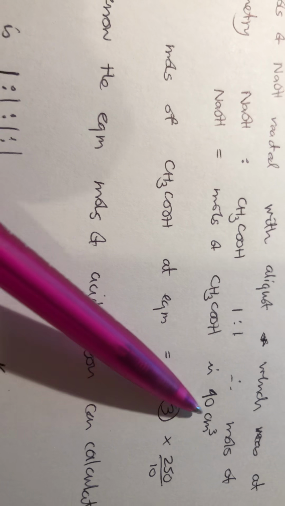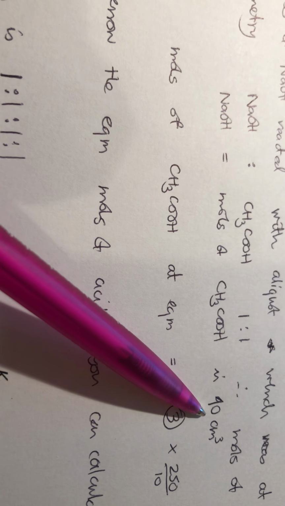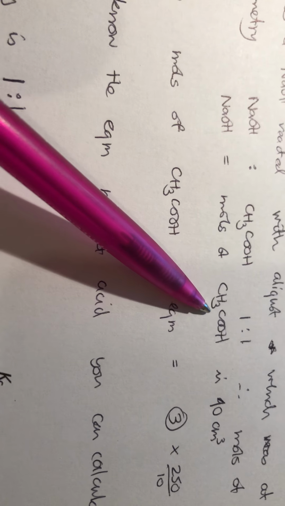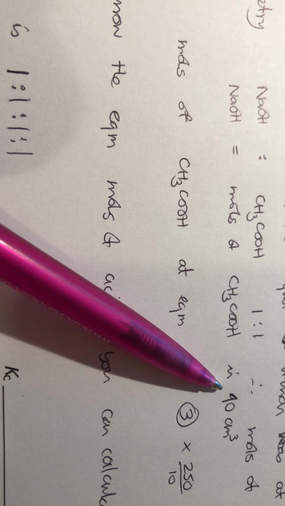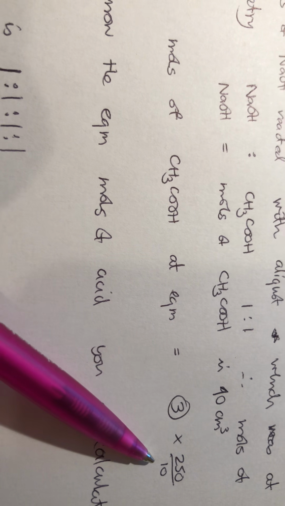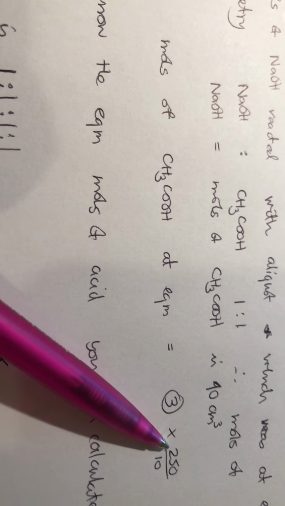But we need to know how many moles of ethanoic acid were at equilibrium, and that was in the 250 cubic centimetres sample. So we take our number of moles of ethanoic acid we just calculated, and we divide it by 10 and times by 250 to scale up to the number of moles in 250 cubic centimetres.